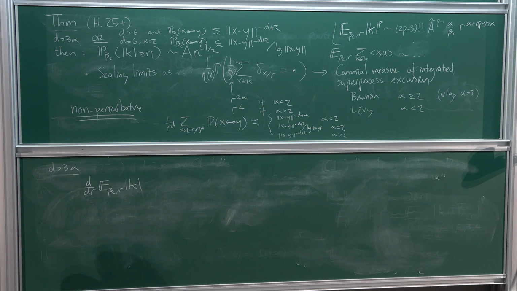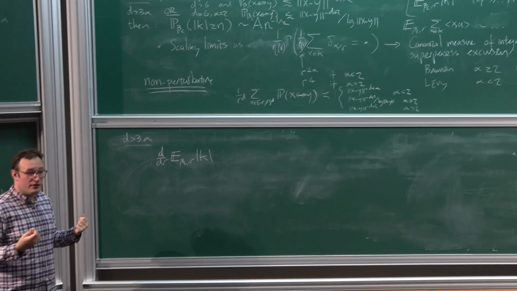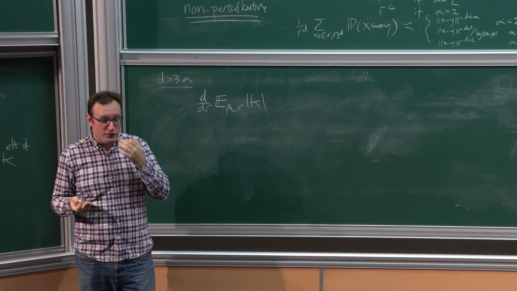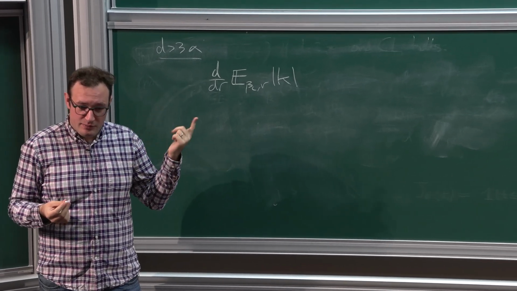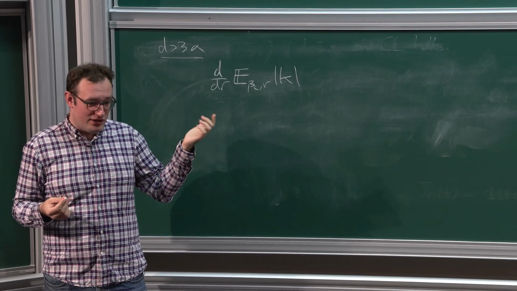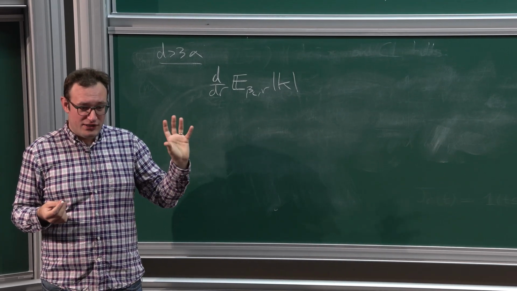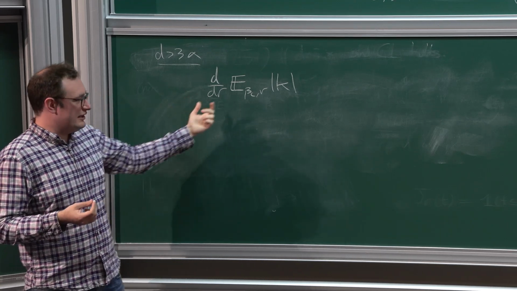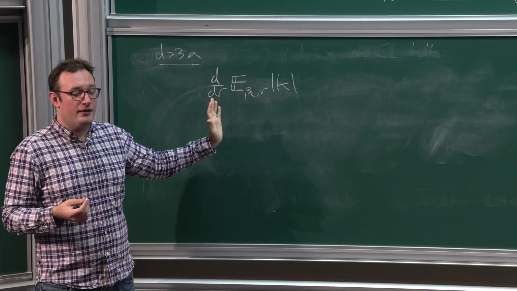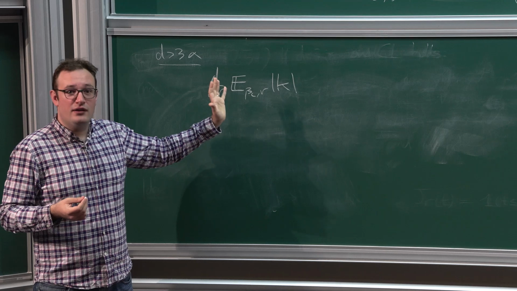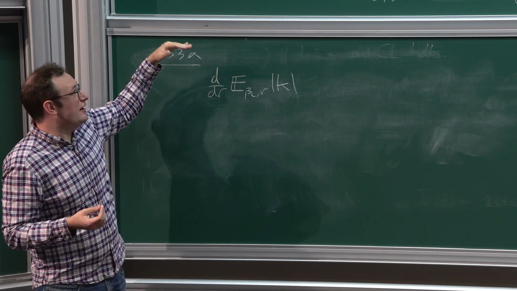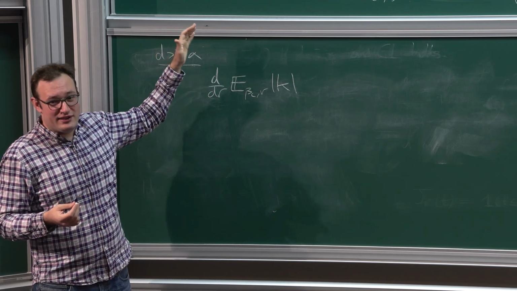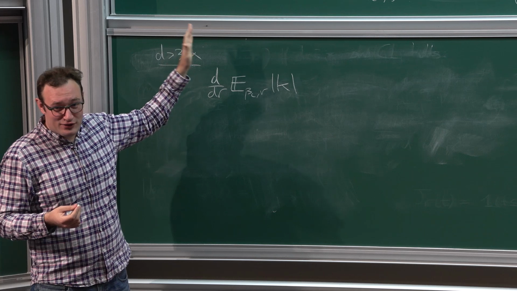Okay? So we can begin by just writing down an exact formula for the derivative. And this is going to come from Russo's formula, which I talked about on Friday, and generally for derivatives in percolation, you can write them in terms of pivotal edges. And here we're doing something slightly different, which is that we're changing the truncation, but we set up the way we do the truncation precisely to make these derivative formulas look nice.